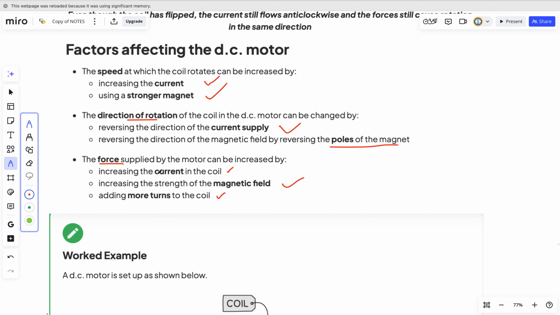Number one, increase the current by increasing the battery size, so that more current will flow. Number two, increase the strength of the magnet by using a stronger magnet, so that the magnetic field will be greater. And then number three, add more turns of the coil.